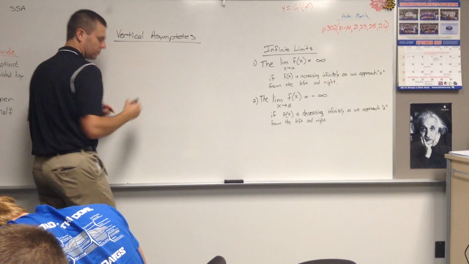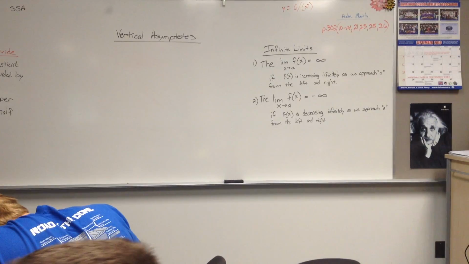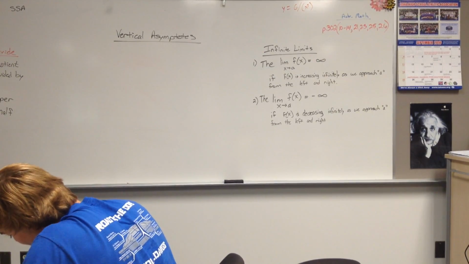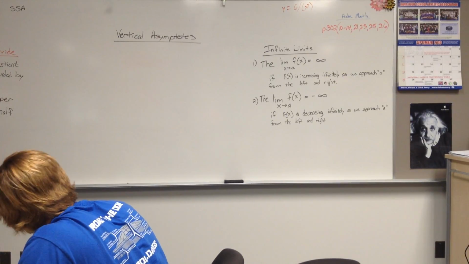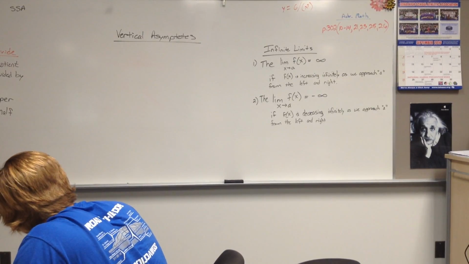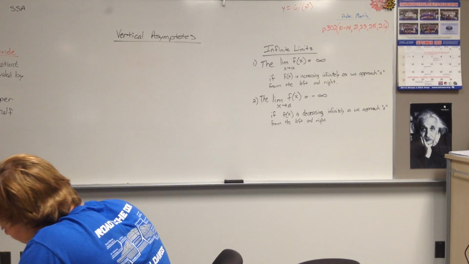Vertical asymptotes. You guys know vertical asymptotes occur at the x values that make only the denominator equal 0, right? I'm going to give you the calculus definition here.